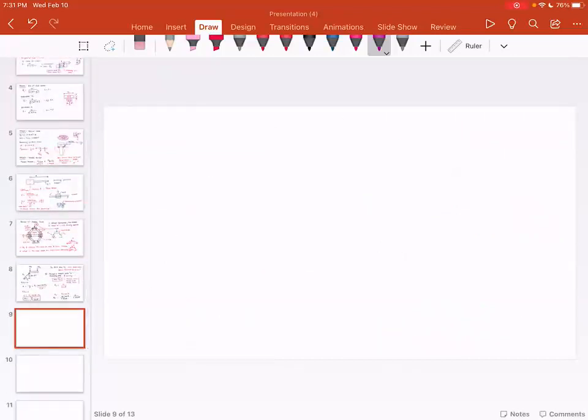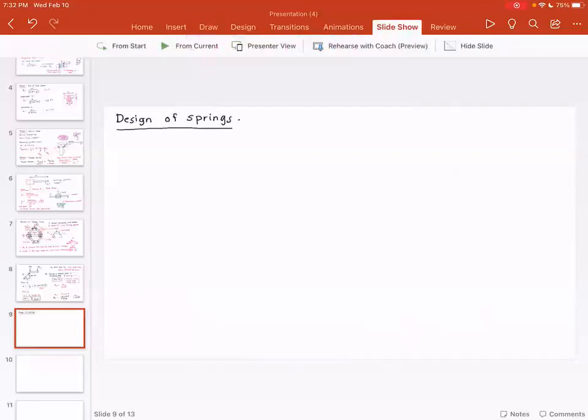So the next chapter that we are going to study is design of springs. And if you look at springs, there are very many designs. So you can have a helical spring.